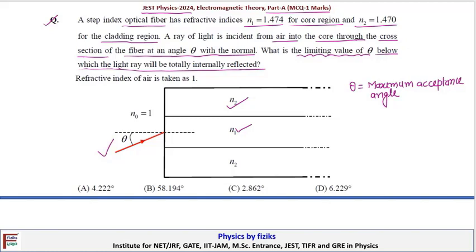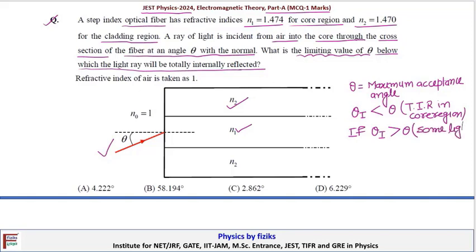So it means if the incident angle is less than theta, then there will be total internal reflection in the core region and light will propagate. But if theta I is greater than theta, then some light will be leaked away.